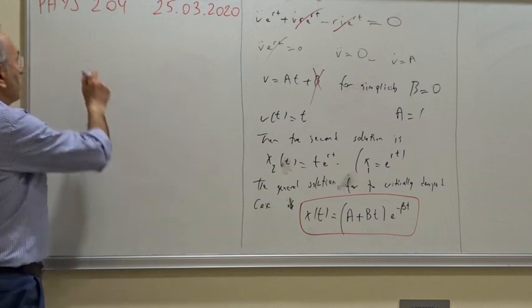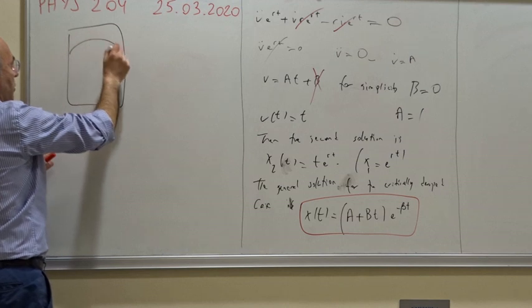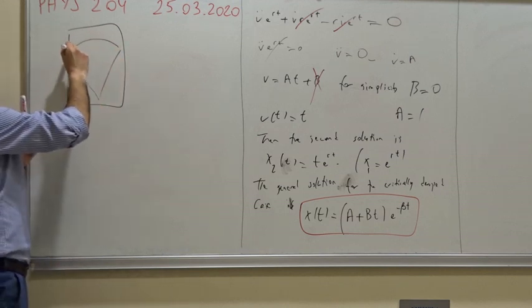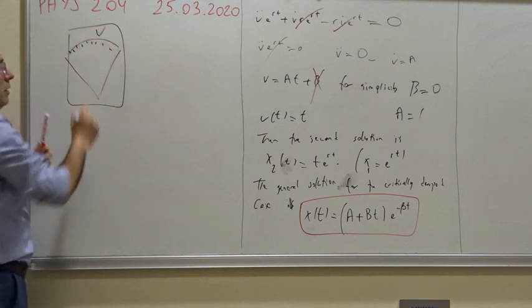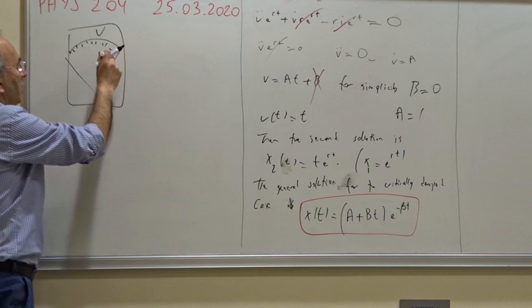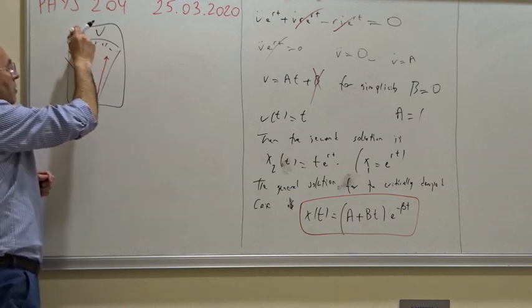For instance, this is the scale, that means it's a voltmeter, and here is a needle. And for instance, this is the result expected at 3 volts.